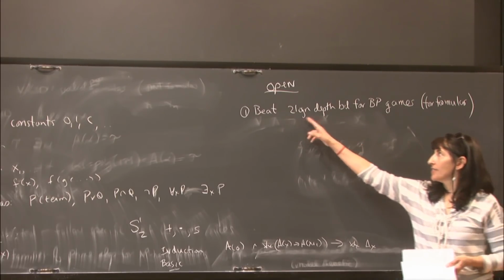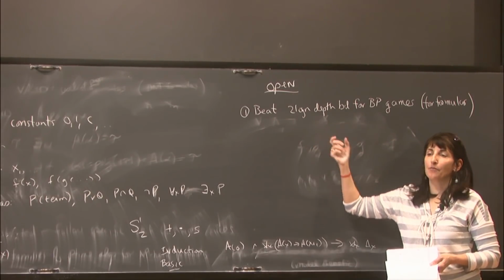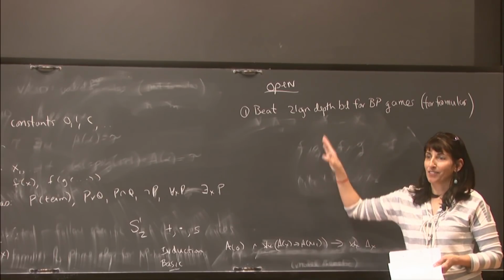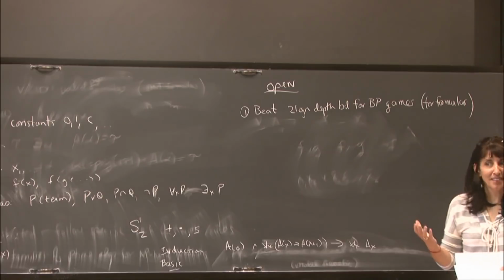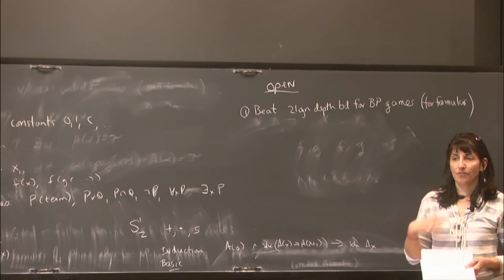This result is not really based on anything having to do with the formula being hard, just the fact that it's nested. So we don't have any argument that's sort of, we don't know how to. Let me give you an analogy.